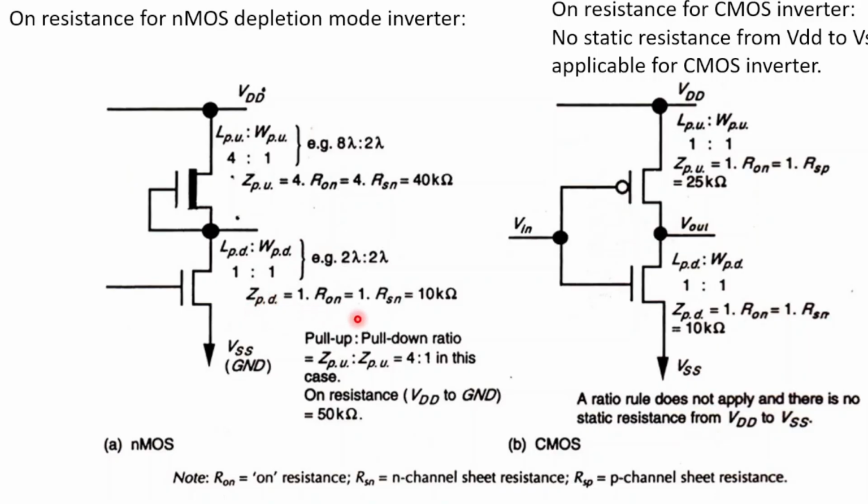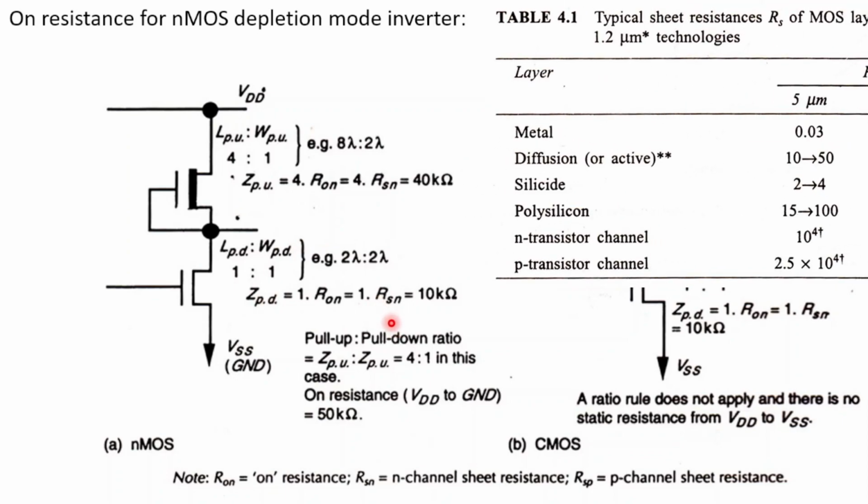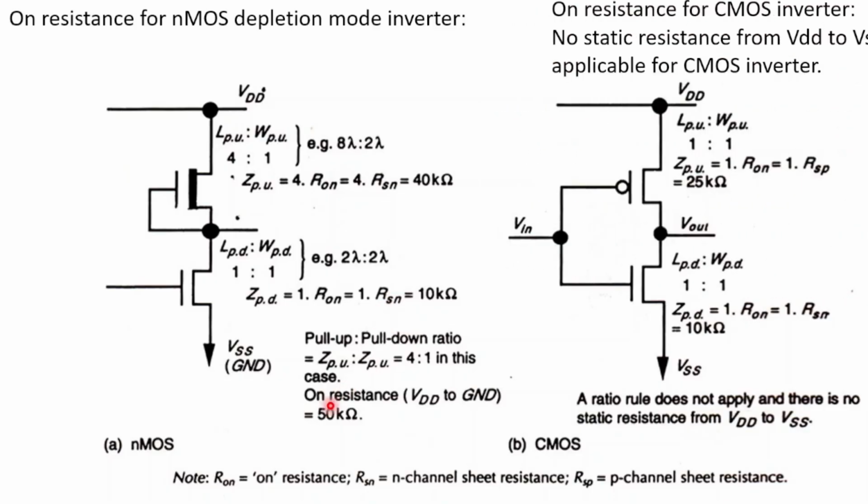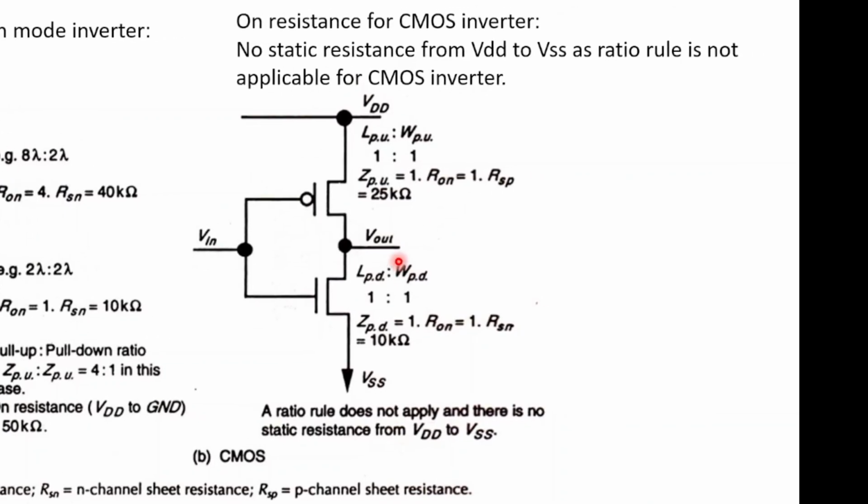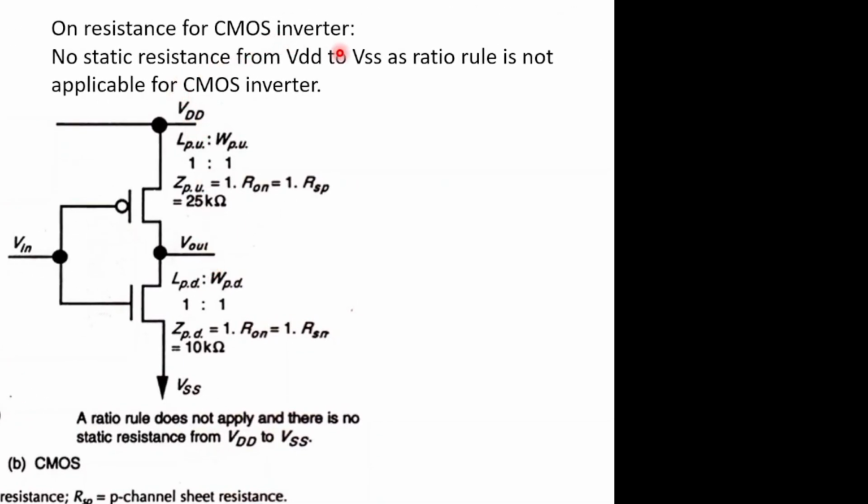So R1 is equal to 1 into RSN, where RSN is the sheet resistance for the N transistor. So R1 is 1 into 10 to the power 4, that becomes 10 kilo ohm. Now the total on resistance for the NMOS depletion mode inverter is 40 kilo ohm plus 10 kilo ohm, that is 50 kilo ohm.